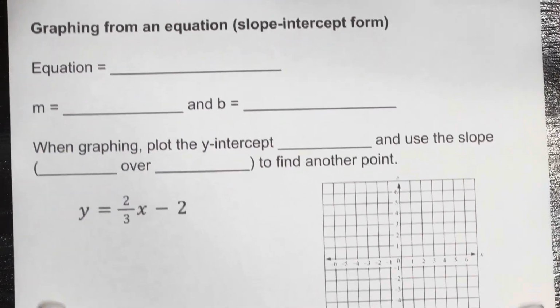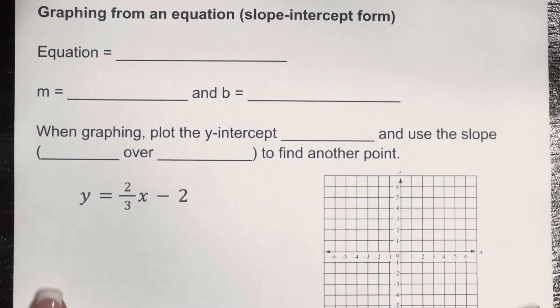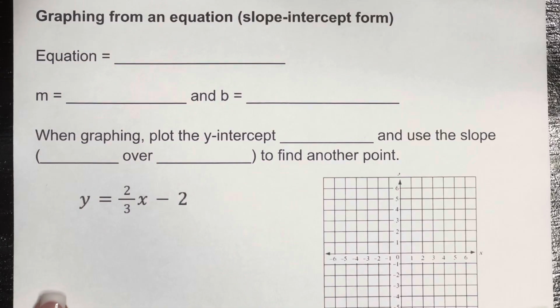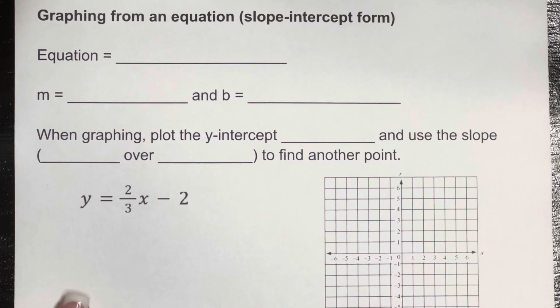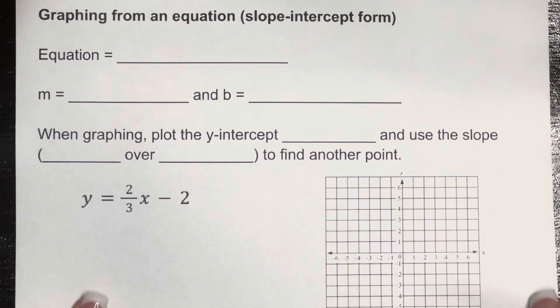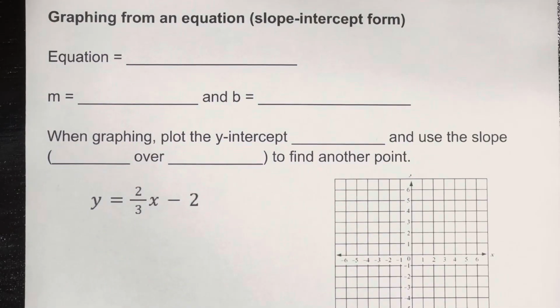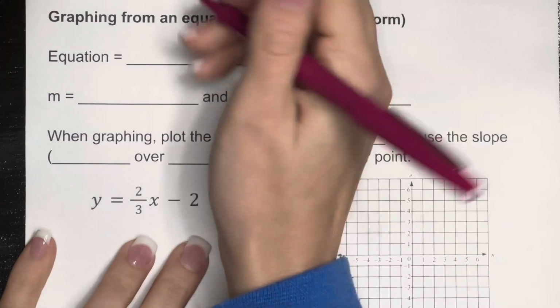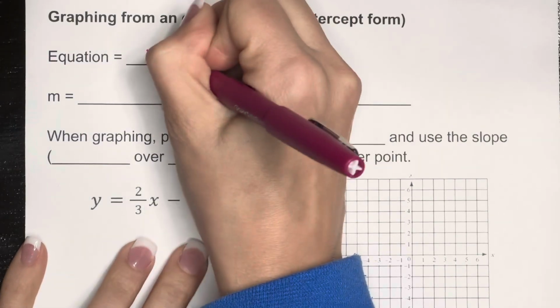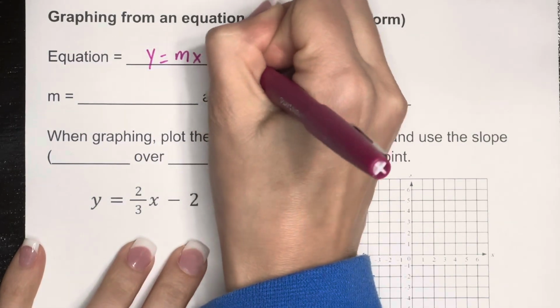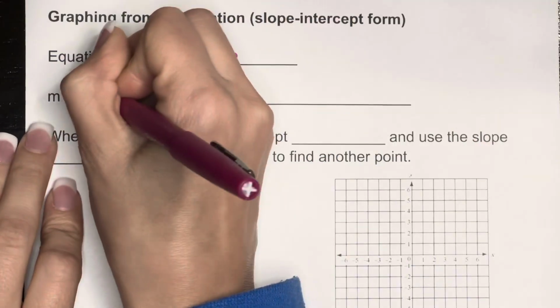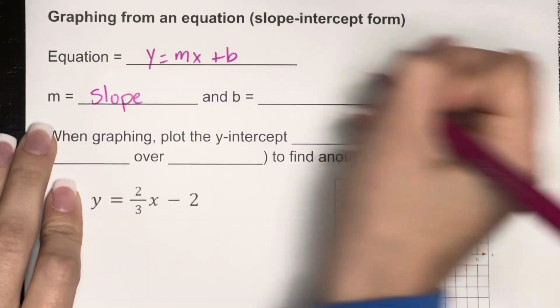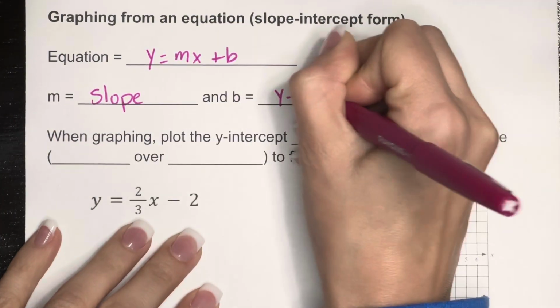All right, next we're going to work on graphing from an equation that we're given in slope-intercept form. So we remember the slope-intercept form is y equals mx plus b, where m is our slope, b is our y-intercept.